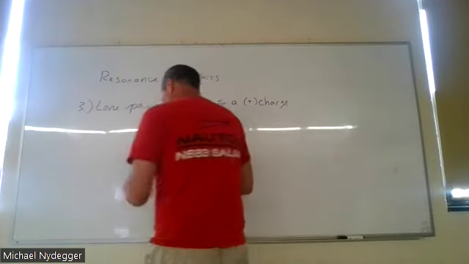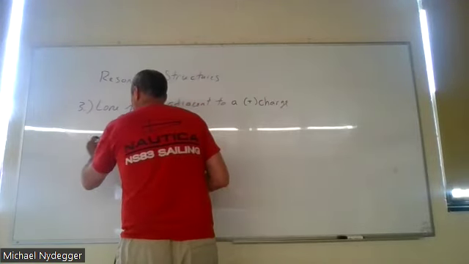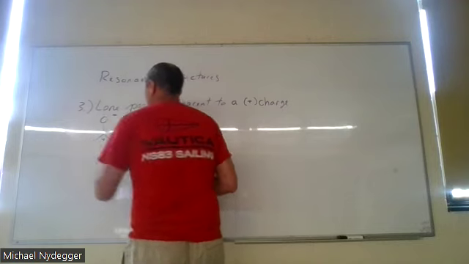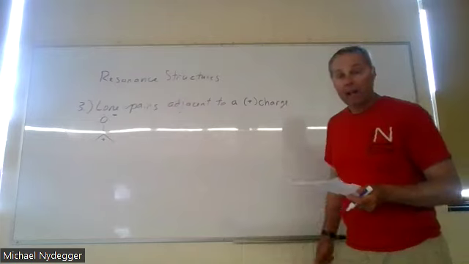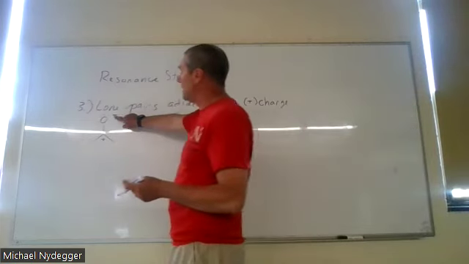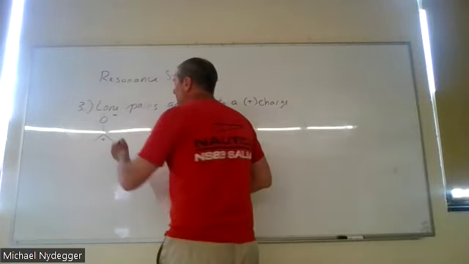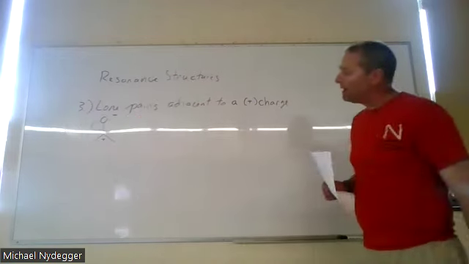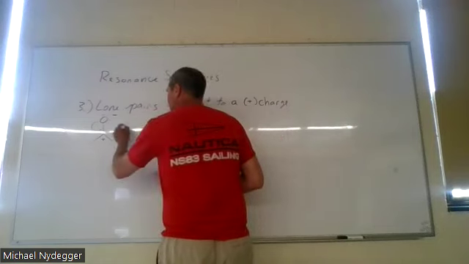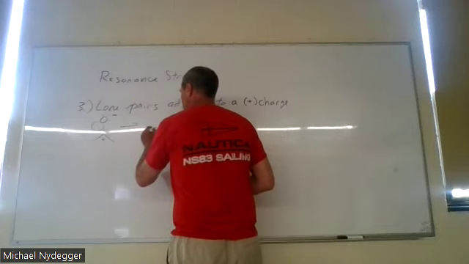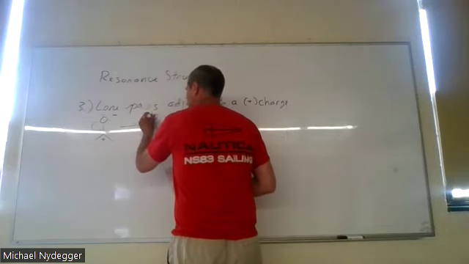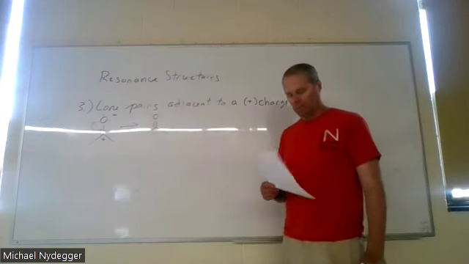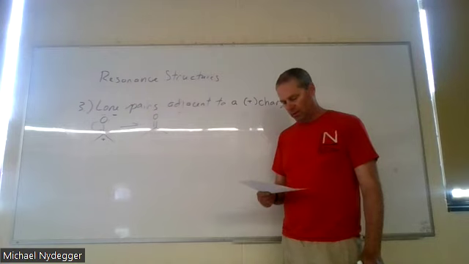Now, negative charge there. What can happen here? Well, it becomes kind of obvious. You have something negative and something positive. If this donates a lone pair of electrons, it becomes a bonding pair. Then what we end up getting is a structure such as that. Okay.